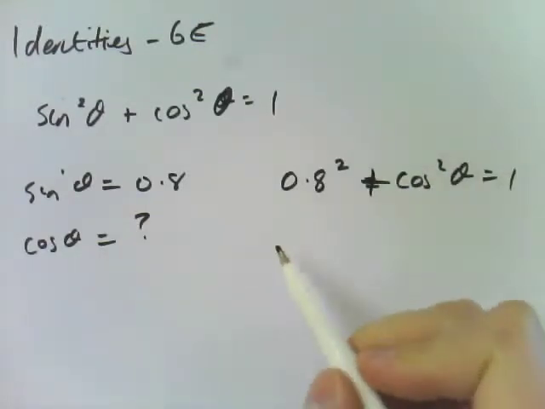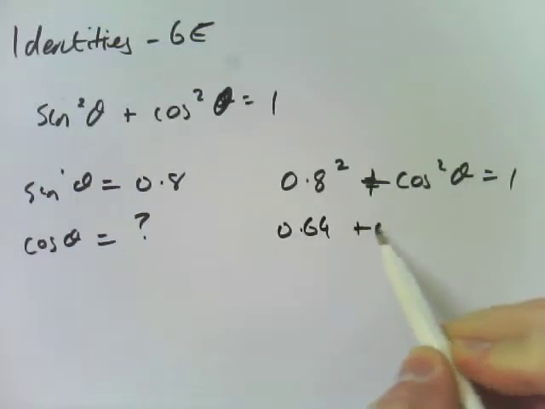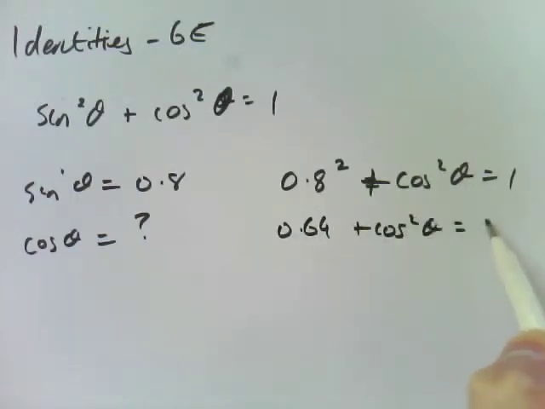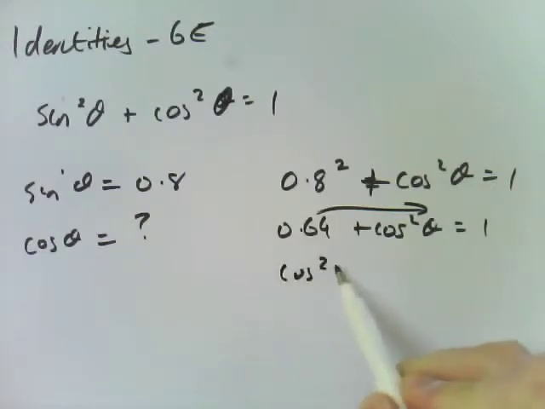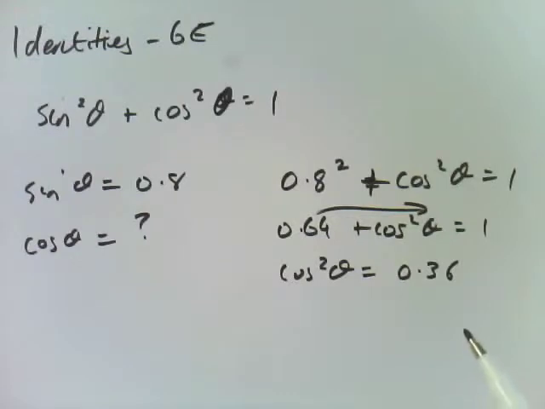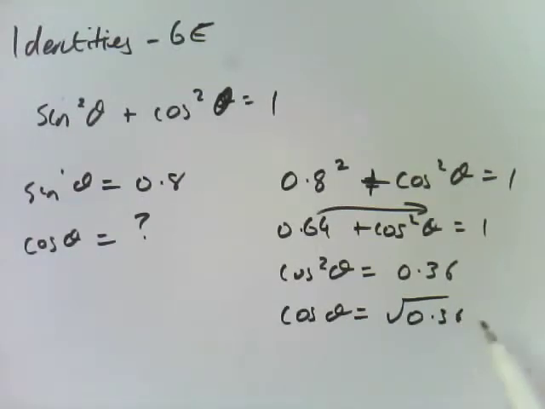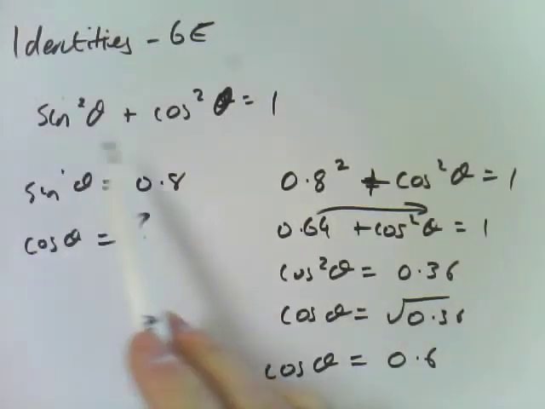So 0.8 squared is 0.64 plus cos squared theta equals 1. Then you minus that over to the other side, so cos squared theta equals 0.36. Cos theta equals the square root of 0.36, which is 0.6. That's how easy it is. Relatively simple. So that's just that one identity there.